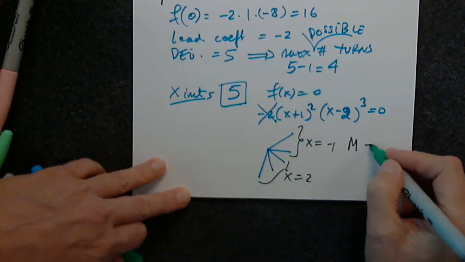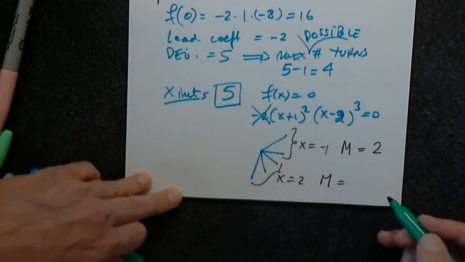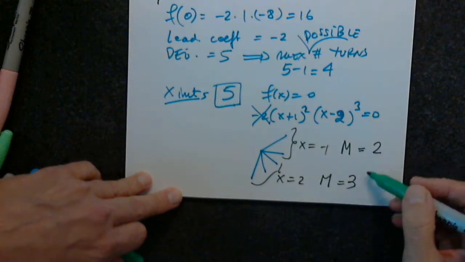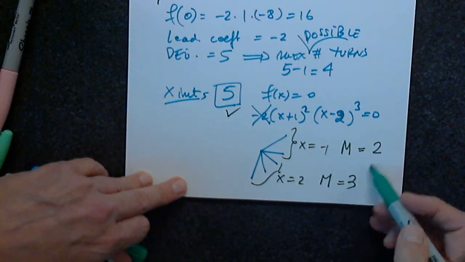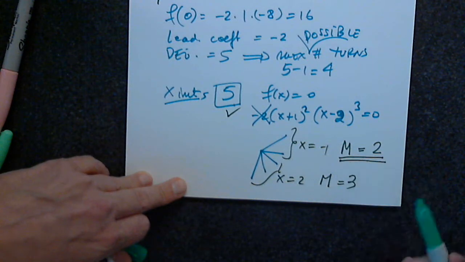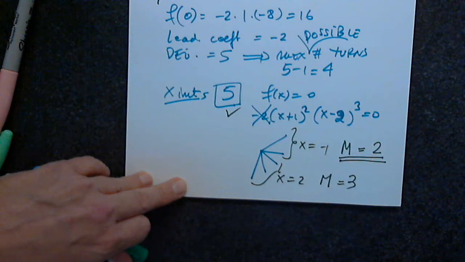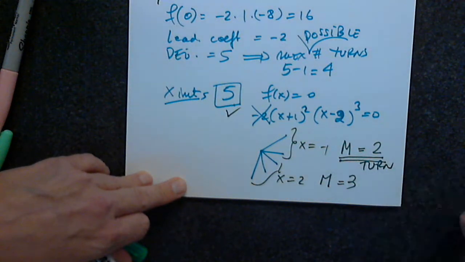What is the multiplicity for negative 1? 2. Very good. What is the multiplicity for 2? Very good. These have to add up to 5, to the degree. Do they add up to 5? Okay, what does multiplicity 2 always do? It will turn.